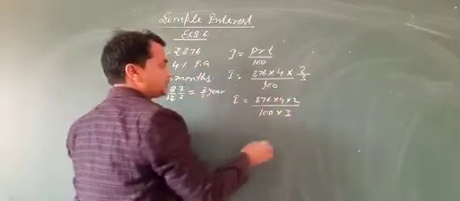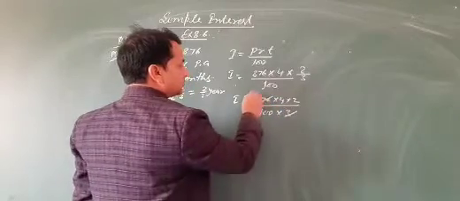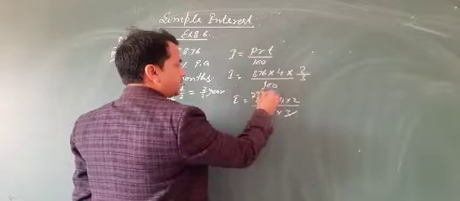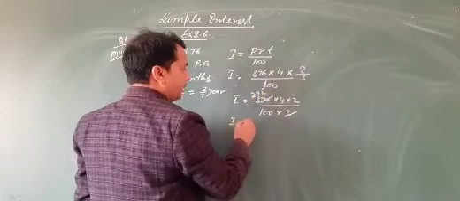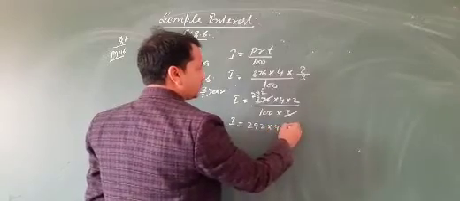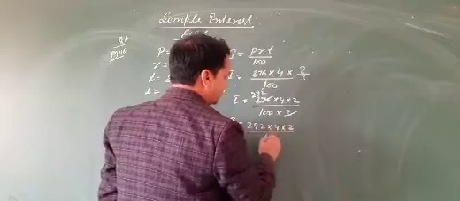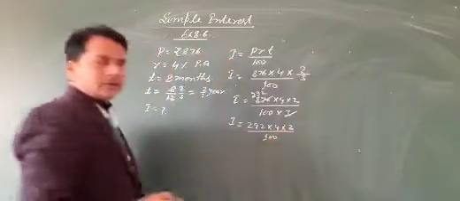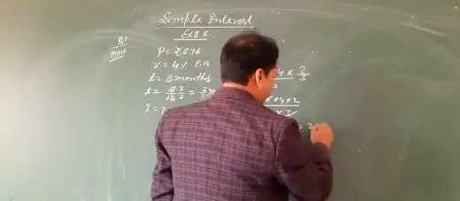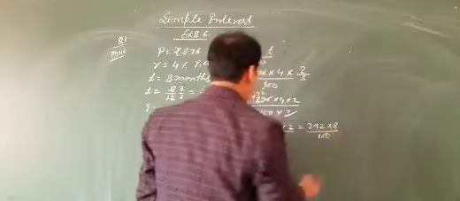Then 876 divided by 3, so we can write 292. Then I equal to 292 into 4 into 2 by 100. So multiply 4 into 2, that is 8 by 100.